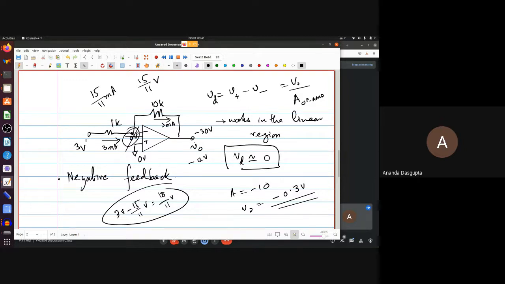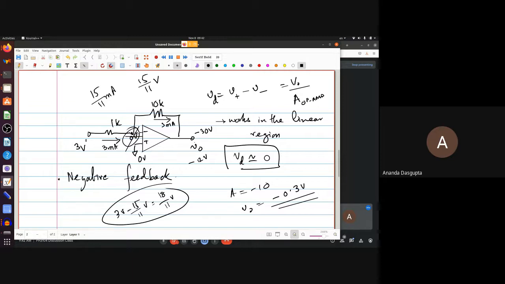dropping the virtual ground assumption and assuming that the output is either plus Vsat or minus Vsat, as the case may be. Okay, when I say as the case may be, if your output predicted assuming virtual ground is minus 20 volts, then your output voltage should really be minus 12 or minus Vsat.